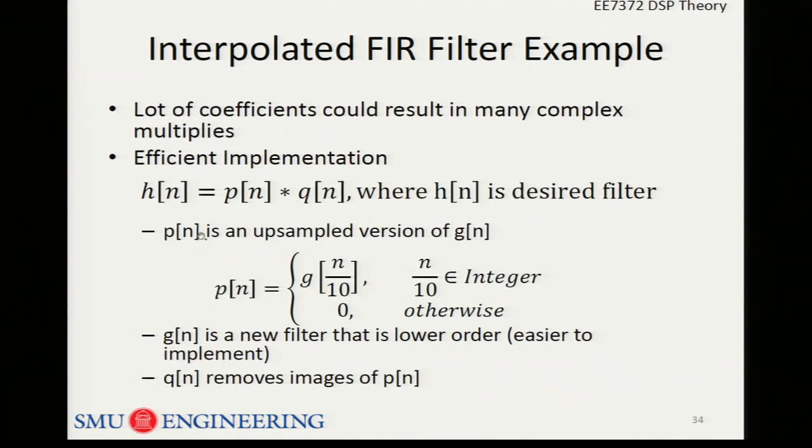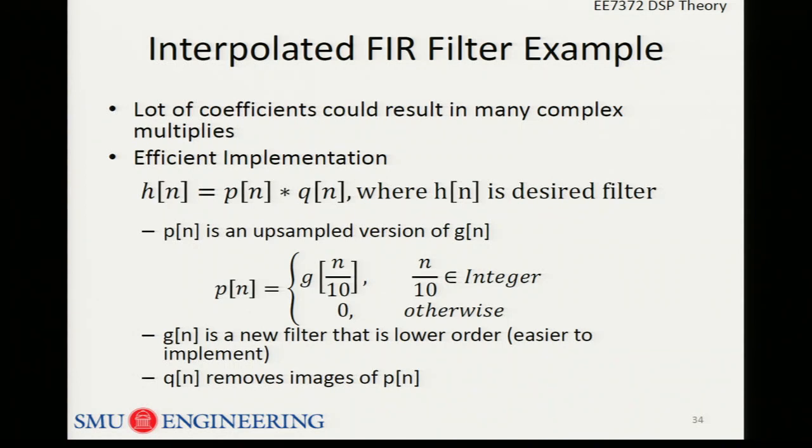So how does this actually help us? Well, as it turns out, the P of n filter is just an upsampled version of G of n. What is G of n? G of n is a new filter that's lower order and easier to implement. So we're going to get a lower order filter that's easy to implement.